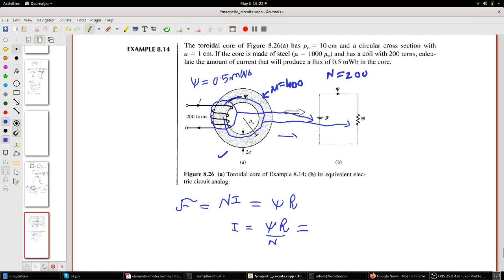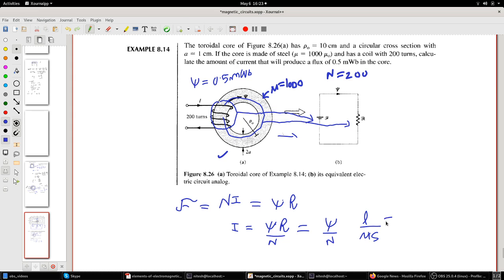Reluctance is given as L by mu S, where S is the cross sectional area, divided by N, the number of turns.